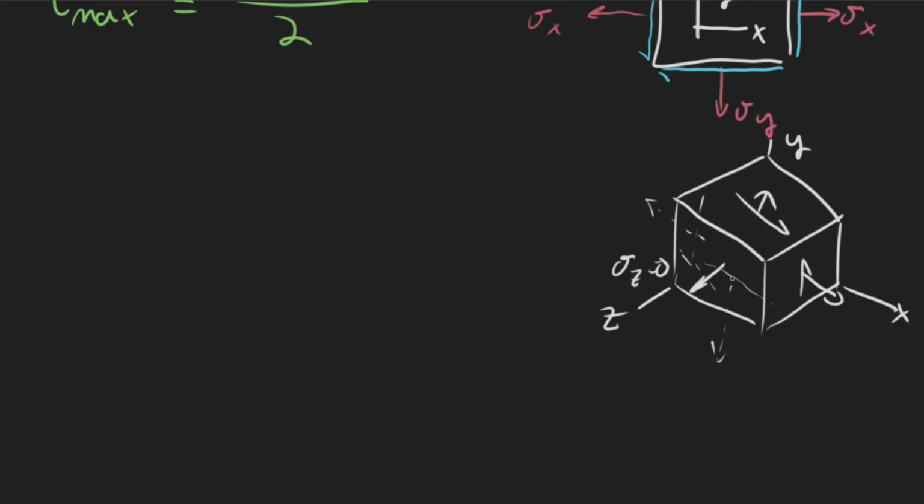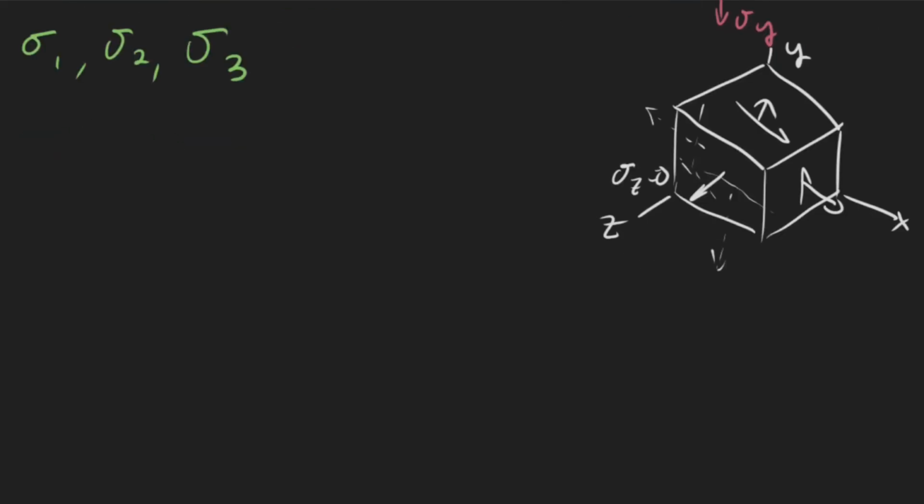We label them sigma 1, sigma 2, and sigma 3, in descending order. So sigma 1 would be our maximum, sigma 2 would be the medium value, and sigma 3 would be the least. And each of these corresponds to one of the x, y, or z faces.